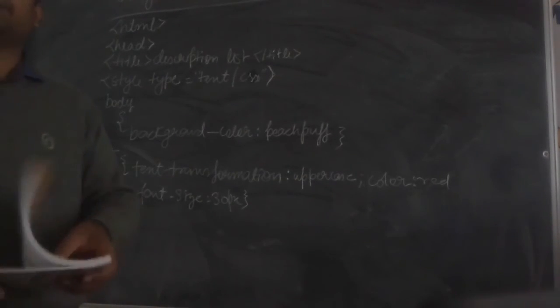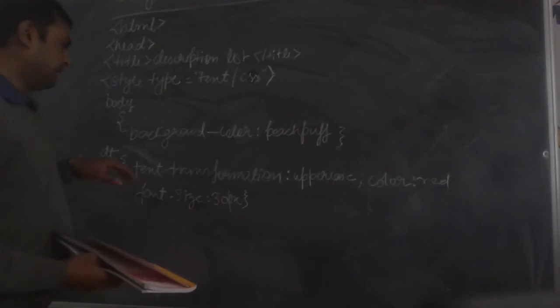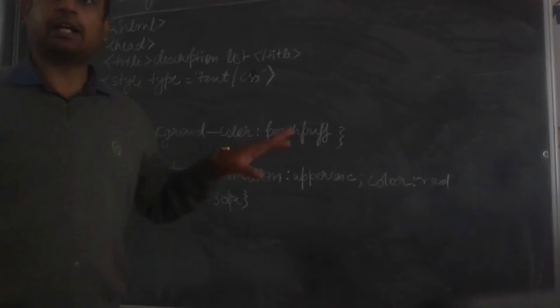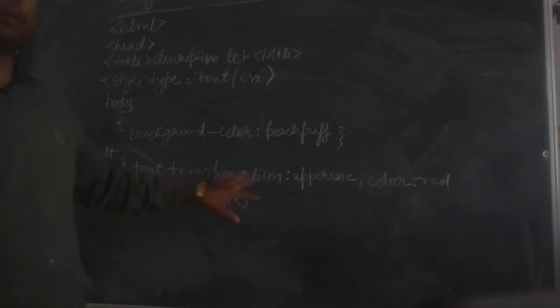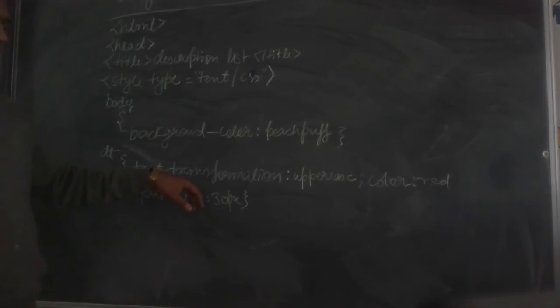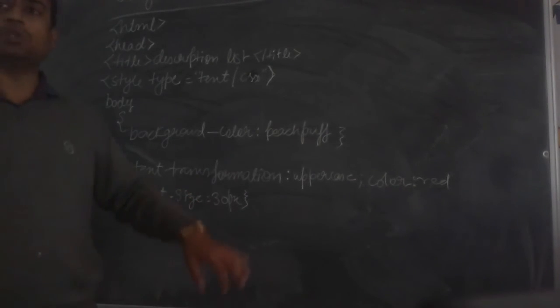Now in this you can see I am writing this code. This is the CSS only, and in this CSS we can give the colors and the formats only. This is not for the program. You can see dt. So whatever the value I will write in dt, that will go in text transform, then uppercase, and then red in color, and the font size will be changed to 30px.